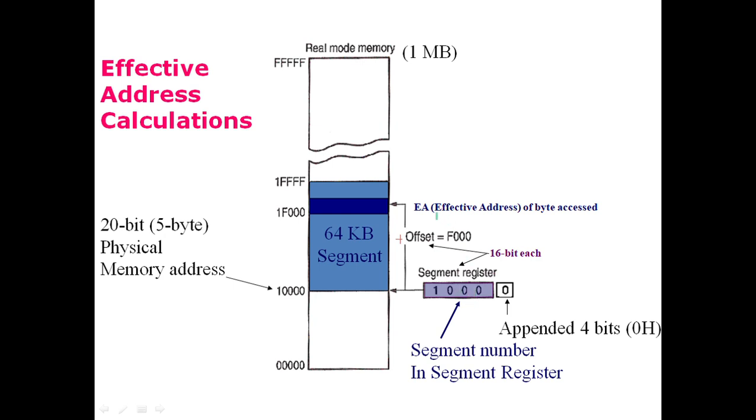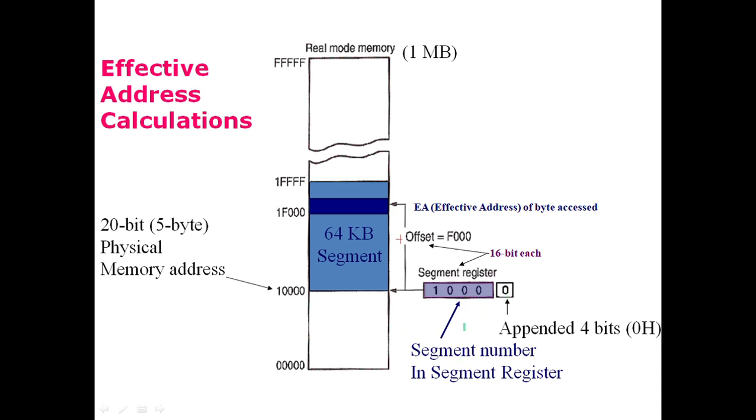To calculate the effective address of the byte to be accessed in this particular segment, a 0 in hexadecimal is appended at the right side, the least significant side, of the value taken from this segment register. So we have 1, 0, 0, 0, and an additional 0 is appended at the right-hand side. We get a 5-digit hexadecimal number, 1, 0, 0, 0, 0.